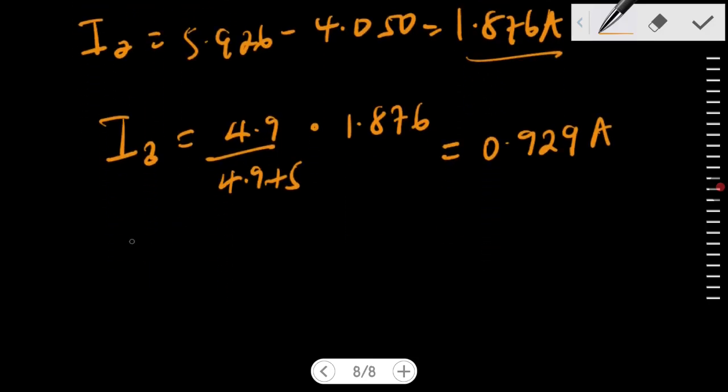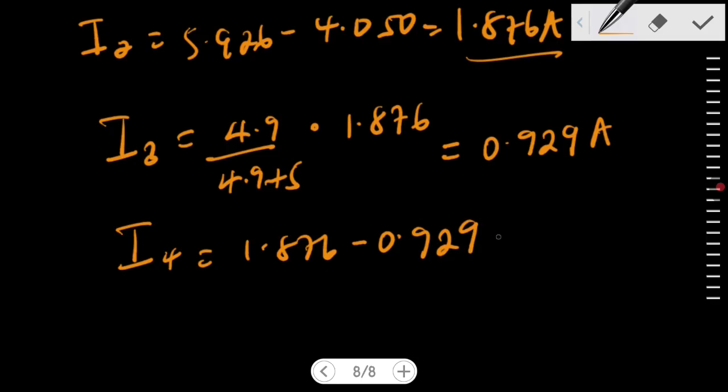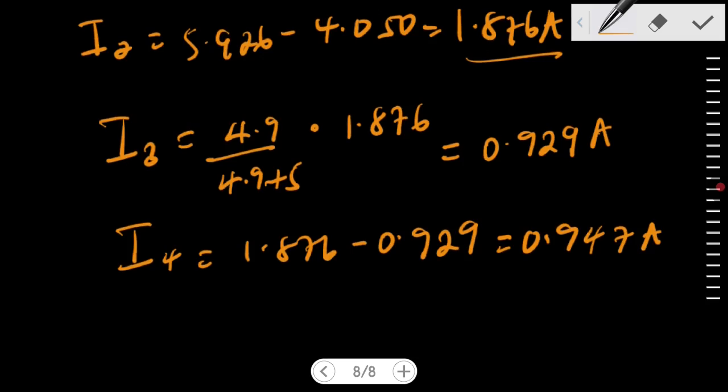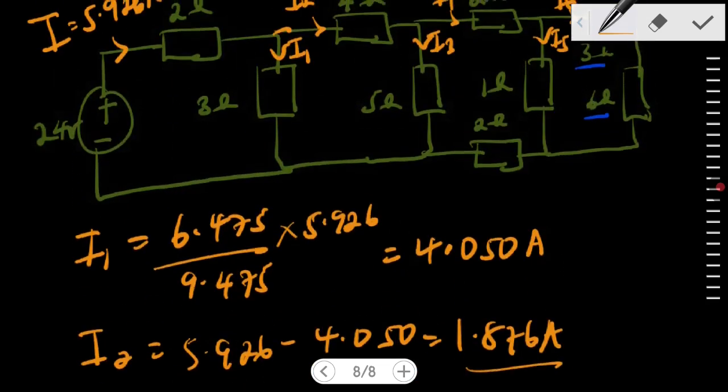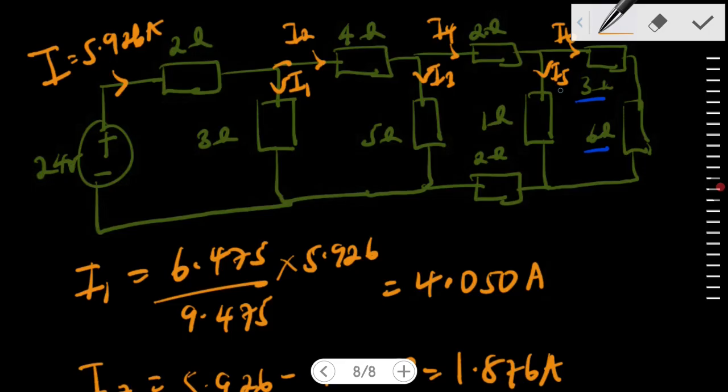That means that here, I4 will be equal to 1.876 minus 0.929, right? That gives us 0.947 amps, right?